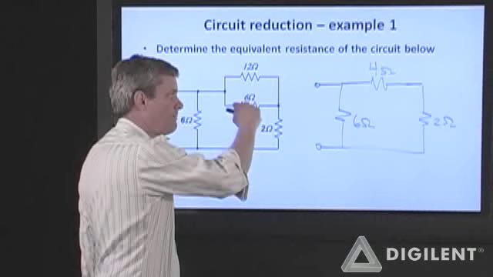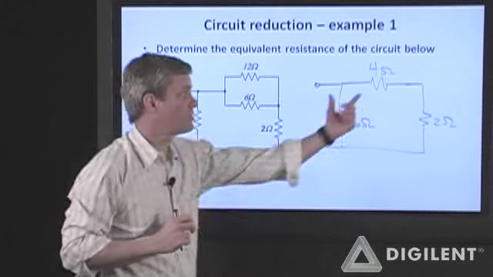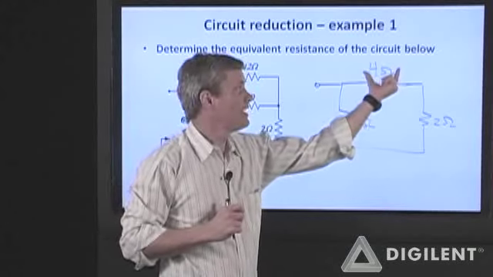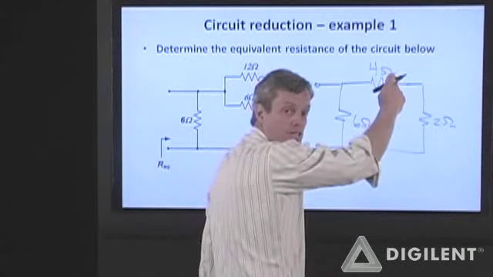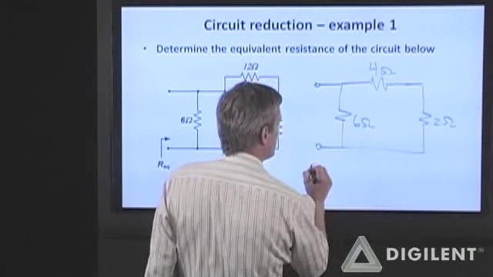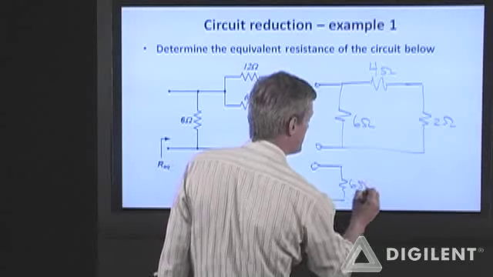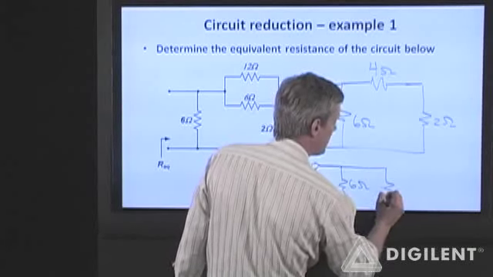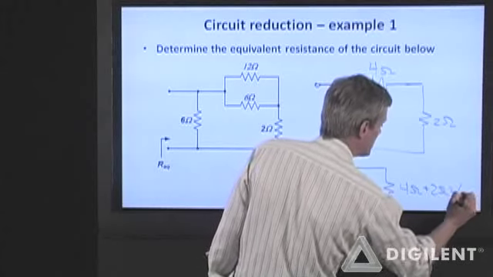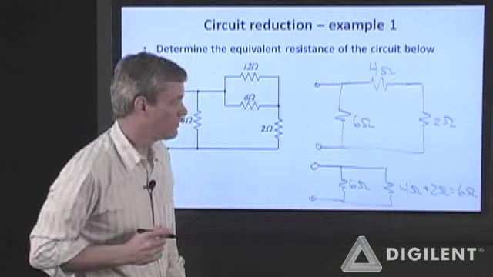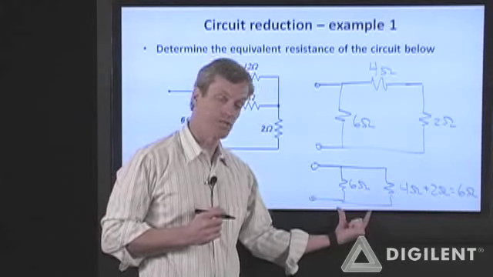Neither of these individually can be identified as being in series with the 2 ohm resistor, but once I've simplified it, then I can combine these two. Series resistances just add directly, so this circuit can become this 6 ohm resistance. 4 plus 2 is another 6 ohms. So I've combined these two into a single resistance. My circuit now looks like this.